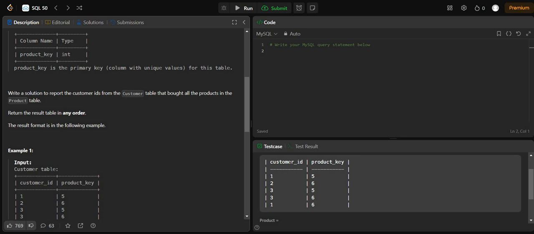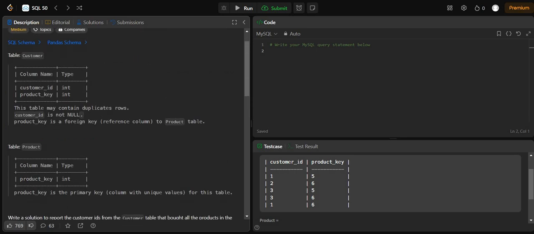So we have to write the SQL query to report the customers from customer table who bought all the products from product table. That means that customer ID includes all the product keys from product table.